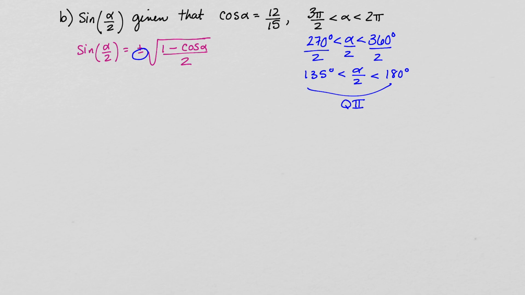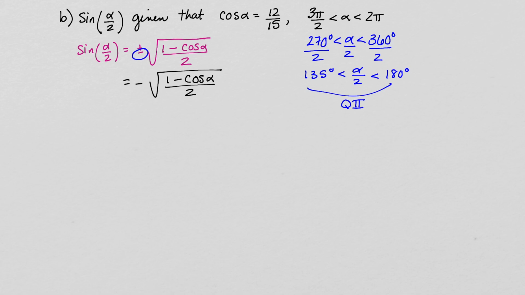If they give you the angle alpha, like I did in the last example, that's easy. You can just say what quadrant it's in. But if they give you a bound for alpha, you have to do this dividing thing to figure out what quadrant it's in. So if I do this, this is going to be equal to negative the square root of 1 minus the cosine of alpha all over 2.